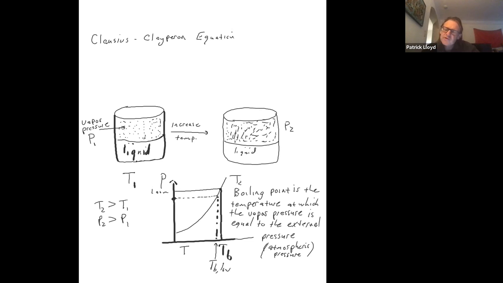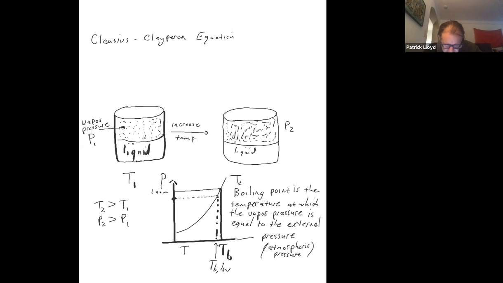That curve is measured experimentally. It can be calculated, but generally it's measured. People will make 100 measurements along these curves to figure out what the curve looks like. That curve determines whether something is a solid, a liquid, or a gas. In this case, we're looking at the gas and liquid phase, the difference between gases and liquids, okay?